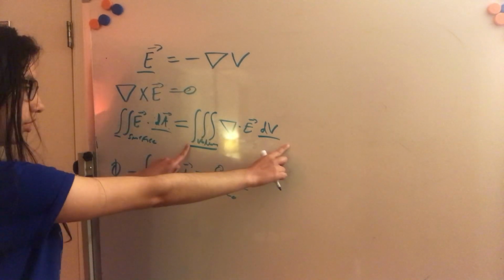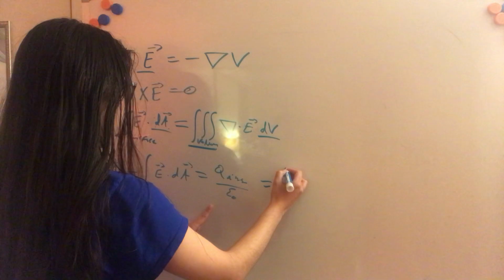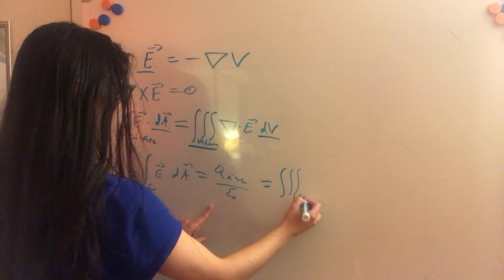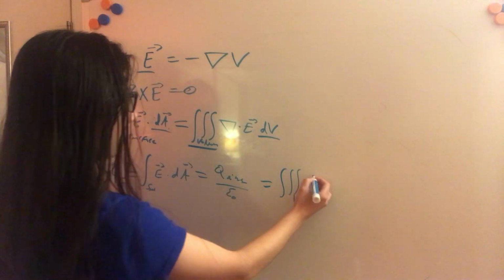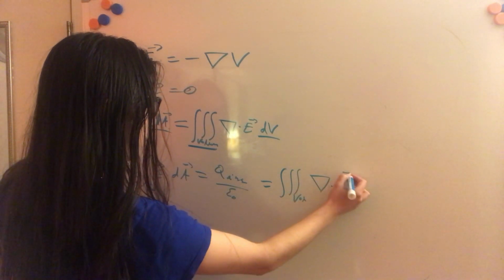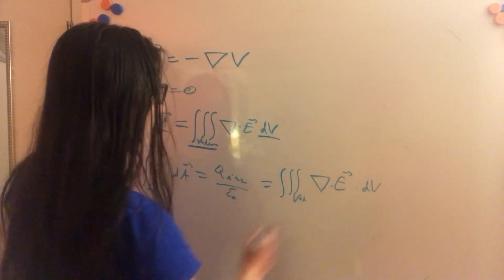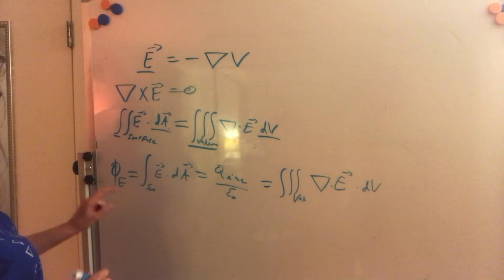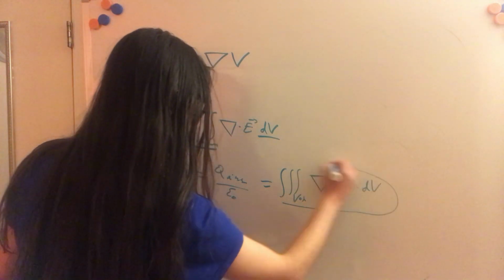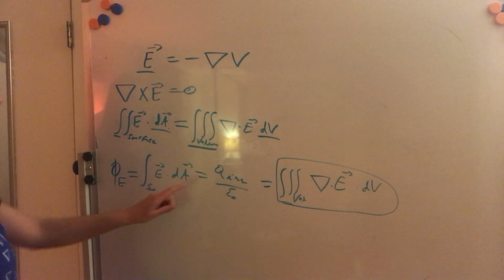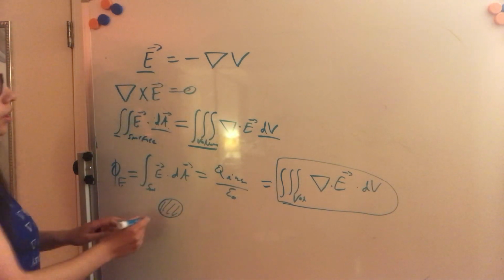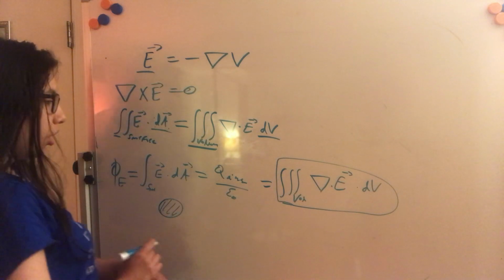But this is equal to this, so we can write it as the triple integral or the volume integral of the divergence of the electric field dV. So we have that the electric flux is equal to this.